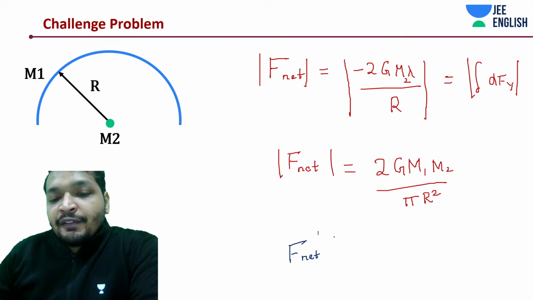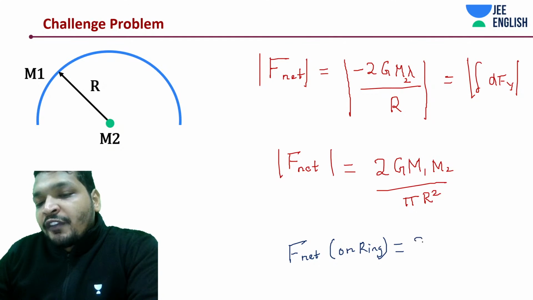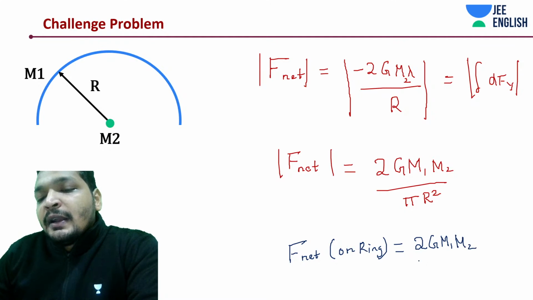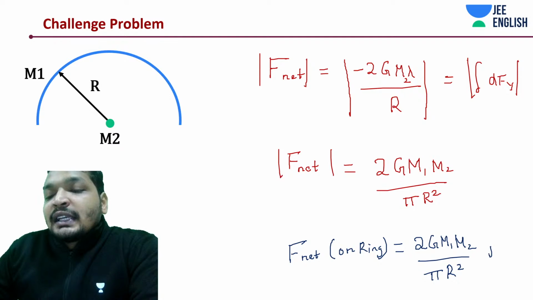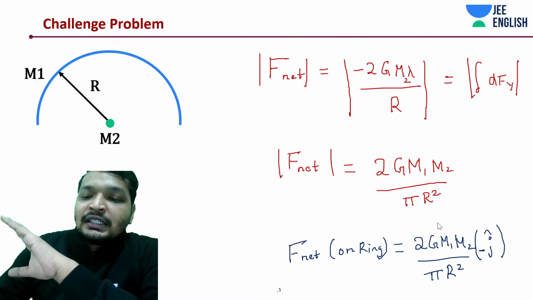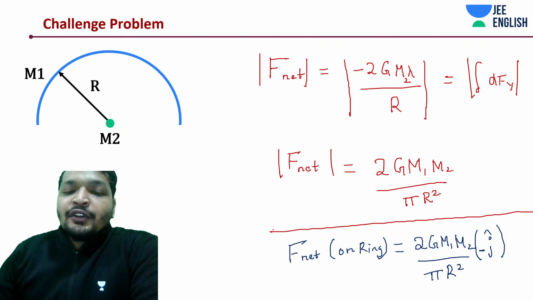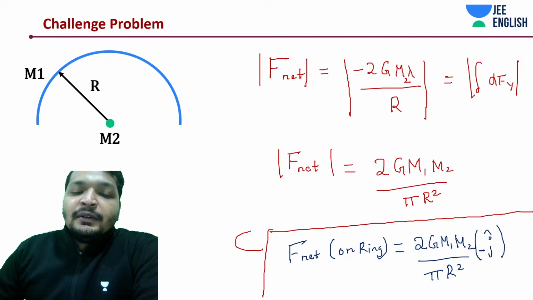Force on ring will be in the minus j cap direction, magnitude equal to that of F net, which is 2G m1 m2 divided by pi r square, into minus j cap. Don't get confused, don't start justifying, don't spoil your concepts, don't make a mess around your concepts. Easy.